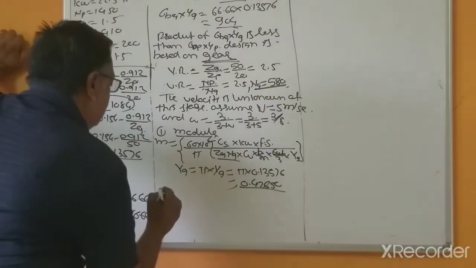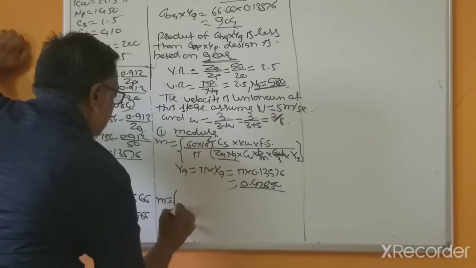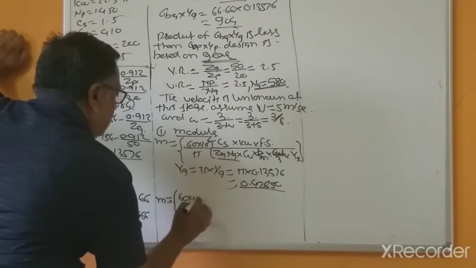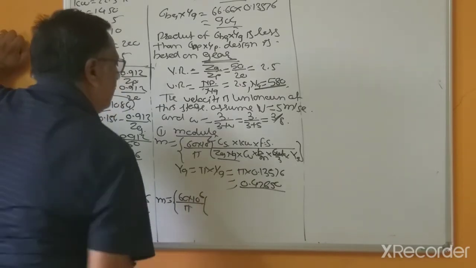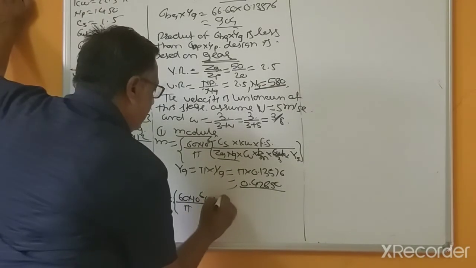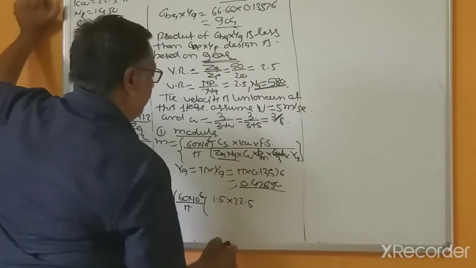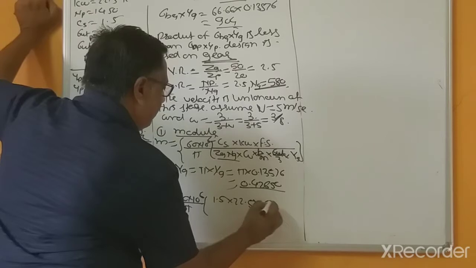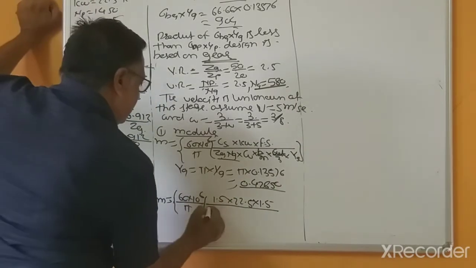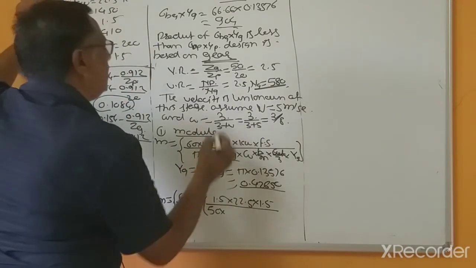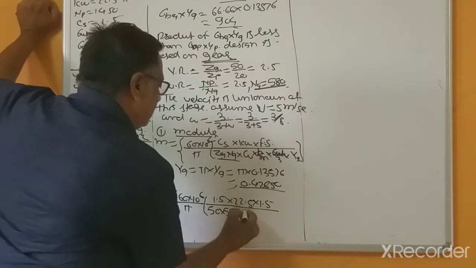Now m equal to 60 into 10 to the power 6, CS 1.5, this is 22.5, factor of safety 1.5, ZG, this is 50, NG 580, CV 3 by 8.